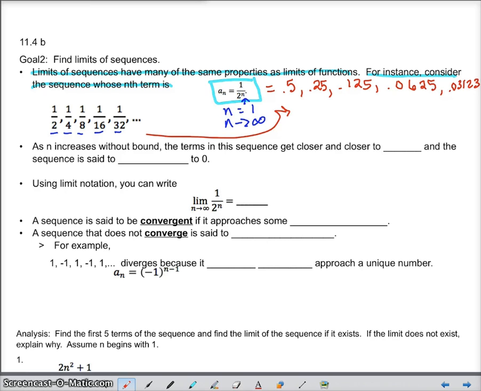So what I want you to see is that as n increases without bound, that means approaches positive infinity, the terms in this specific sequence are getting closer and closer to. Maybe you're not sure what they're getting closer to, so if you're not sure, we could plug in the next value for n, which would be 6, and that would give us 1/64th.